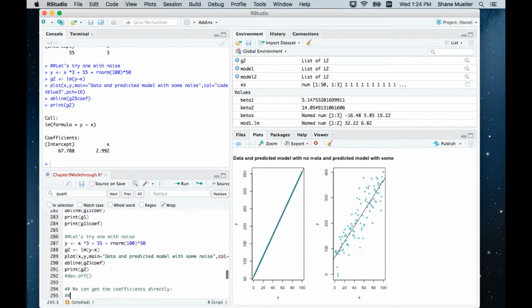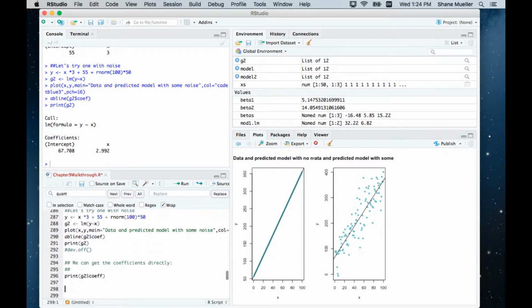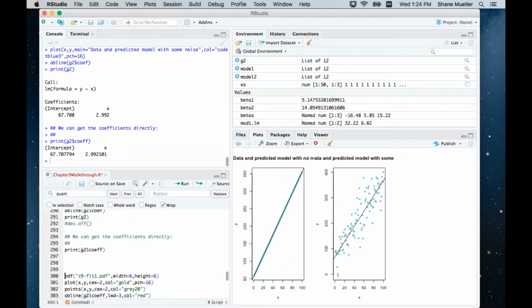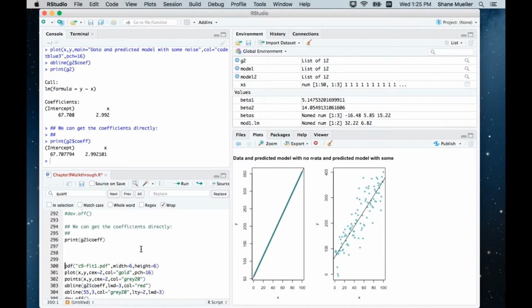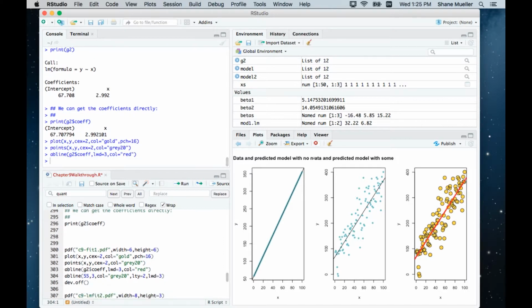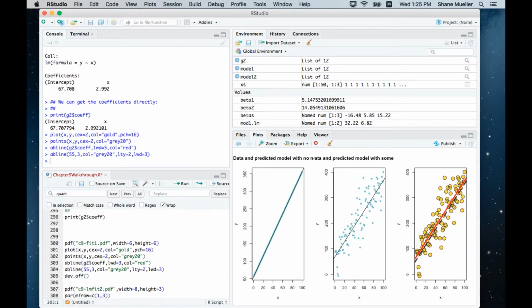So that's more noise. We can get these parameters directly, and let's see. And this actually compares for this data set the true model and the best fitting model. So you just have to recognize that, and this is what we're going to be dealing with next chapter.